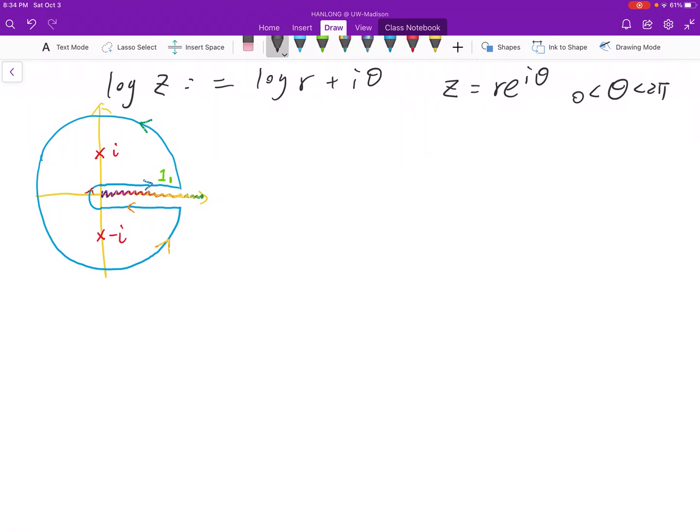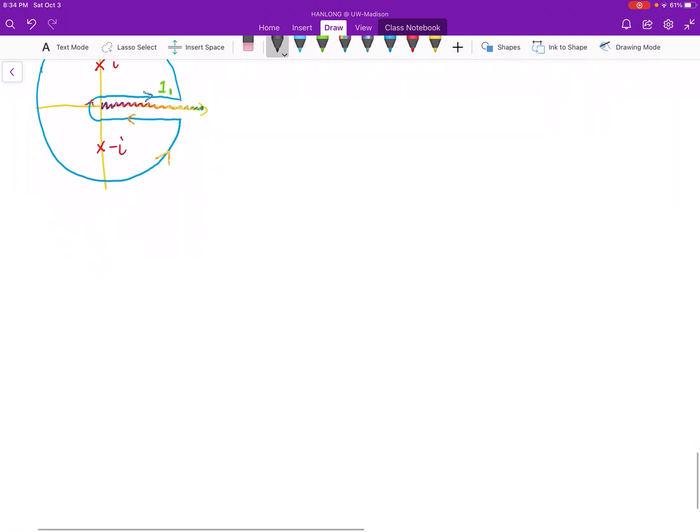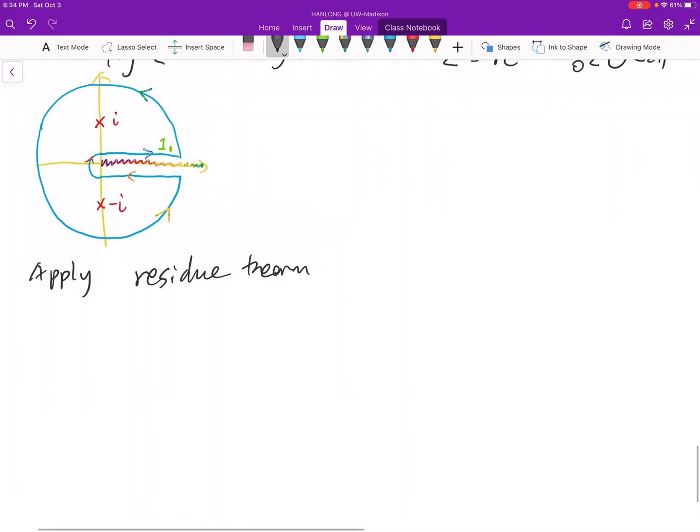And then the integral is, applying residue theory, from x equals 0 to capital R. I should say the radius is R, and the small radius is epsilon.